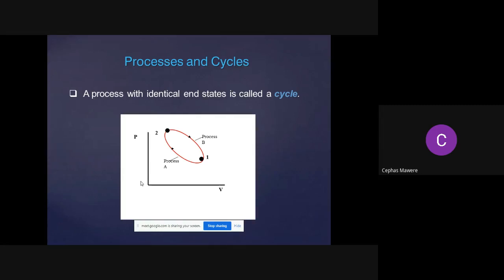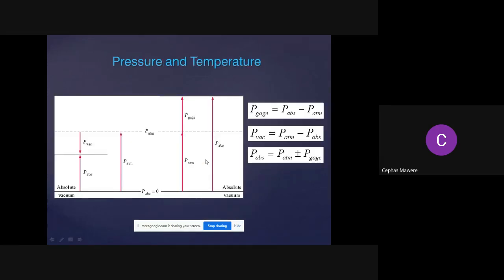But afterwards there was a reversible process whereby it was allowed to expand again, returning to the initial state. So it moved from state 2 back to state 1. The first process was process A, and the second process was process B, and these identical end states make the whole situation what we call a cycle. All right. Are we still together?